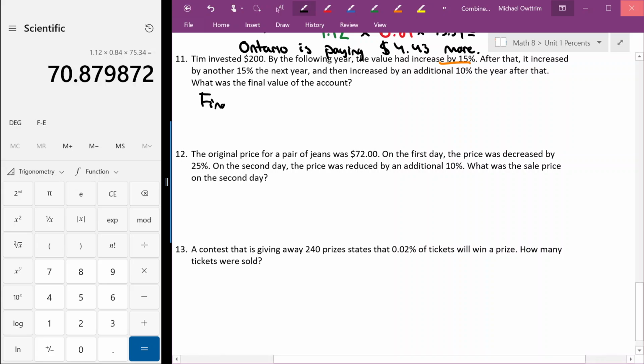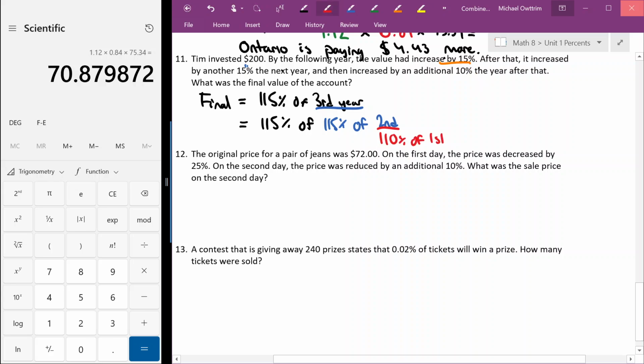So our final value here is going to be 115% of the third year. Hold on. This is year 1, year 2, year 3. But our third year itself is going to be 115% of the second. And our second is going to be 110, increased by 10%, of the first.